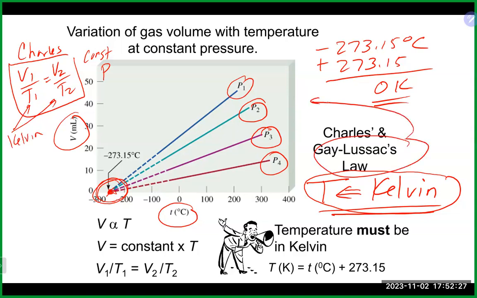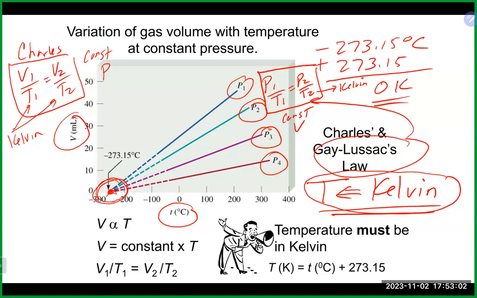Gay-Lussac's law is pretty much P1 over T1 is equal to P2 over T2. And this is at constant volume. And here, the pressure doesn't matter as long as they are the same units. But once again, here, temperature in Kelvin. So that's Gay-Lussac's law and Charles' law, and those were the relationships that we were talking about.